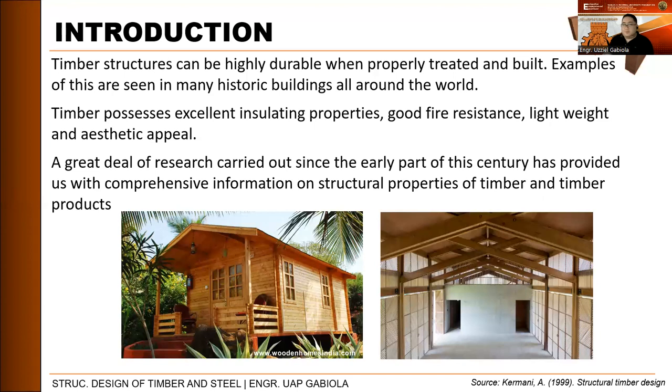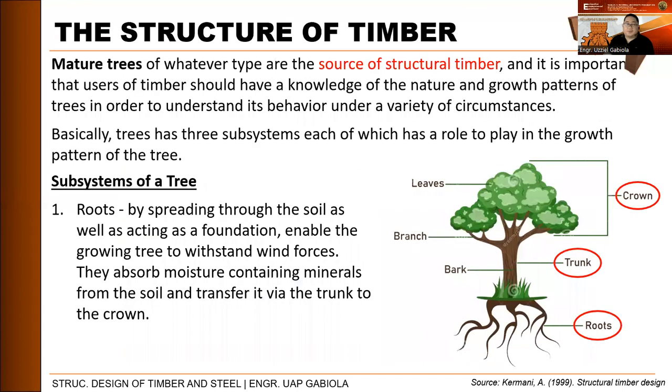Then now we go to the structure of timber. Okay? So, mature trees of whatever type are the source of structural timber. But of course, not all trees can be made into timber, structural wood, no? Why is that? It depends on the strength capacity, and only a group or species is allowed for structural purposes.